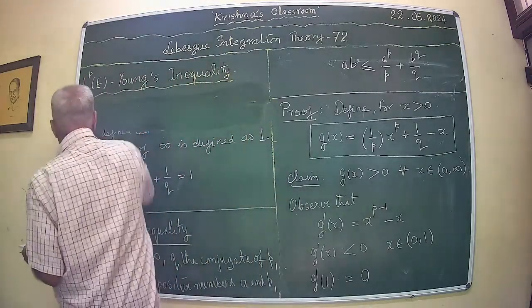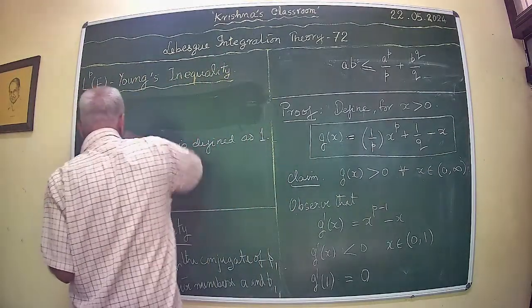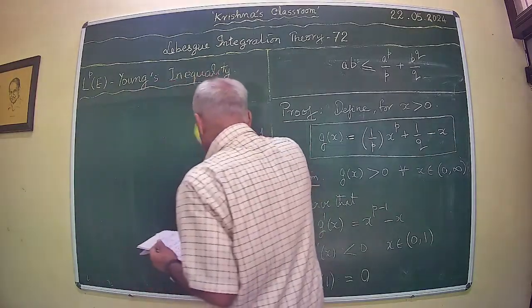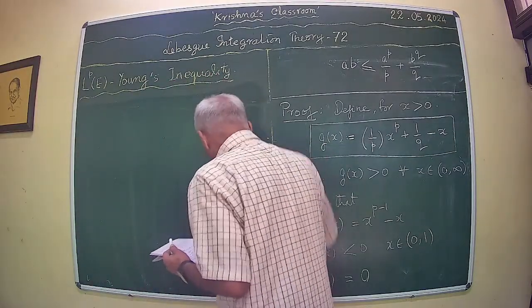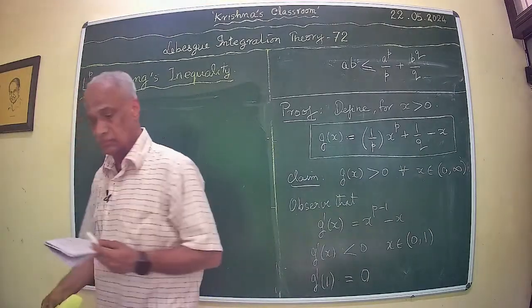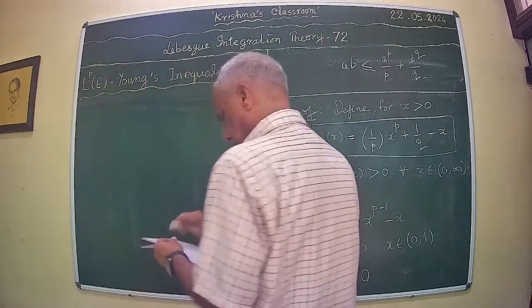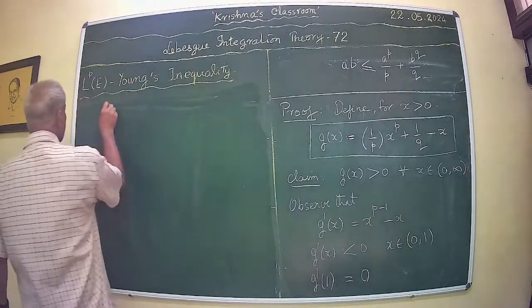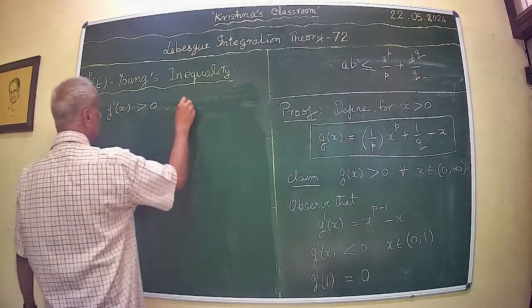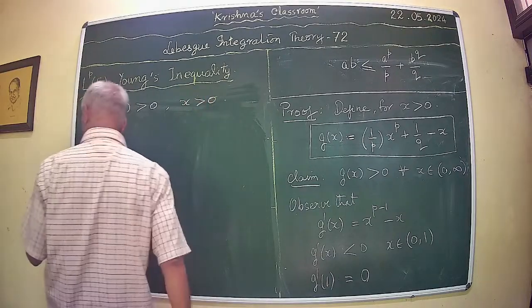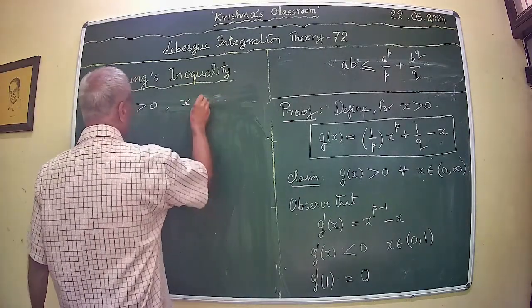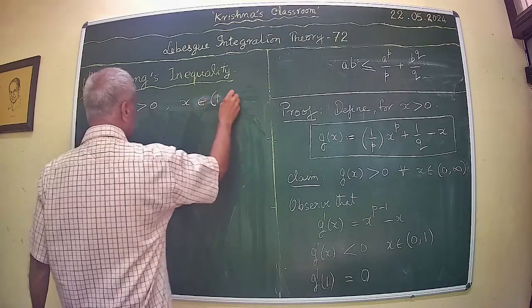And further, g dash x is positive for x belonging to 1 to infinity.